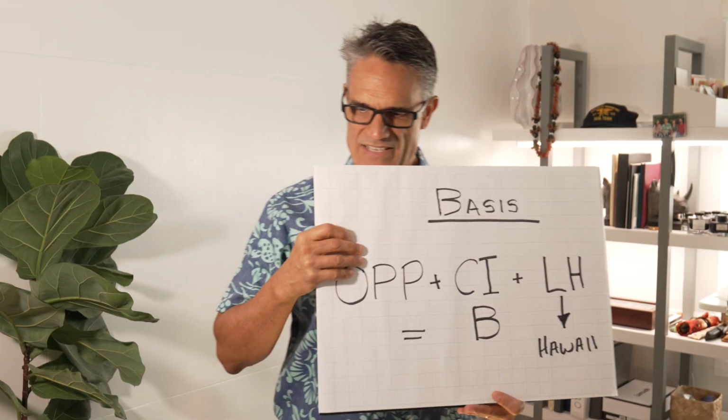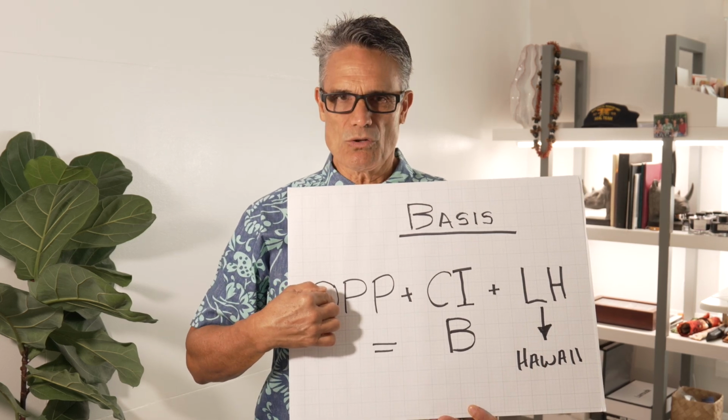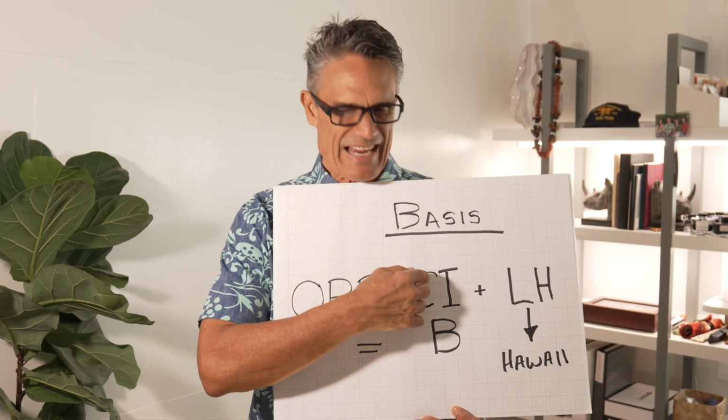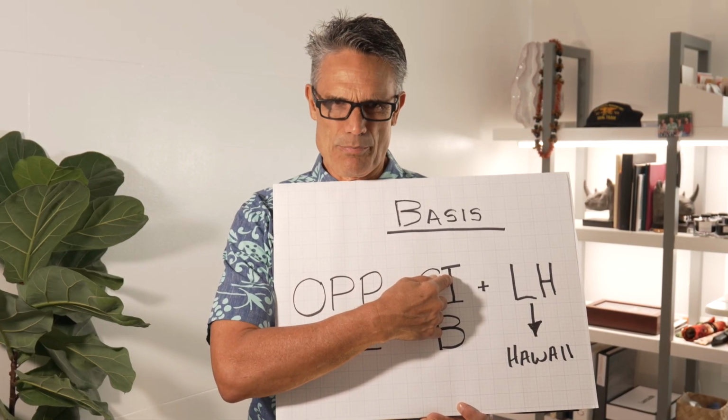All right. Let's start with an understanding of what basis is. And I did a simple presentation here of what basis is. Basis is essentially your original purchase price plus any capital improvements that you've made to the property.